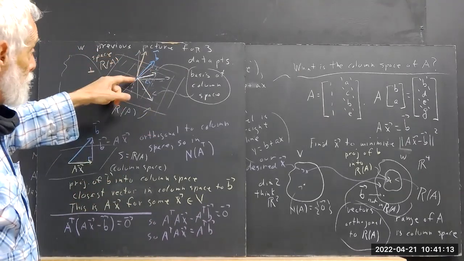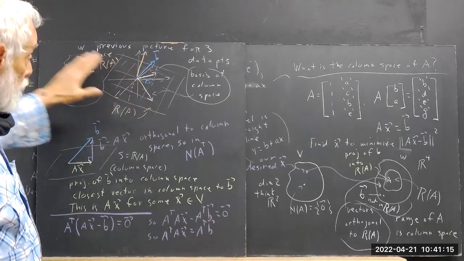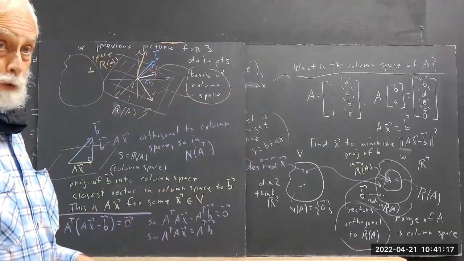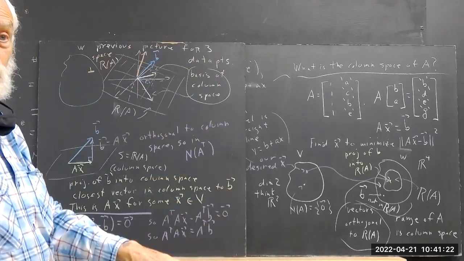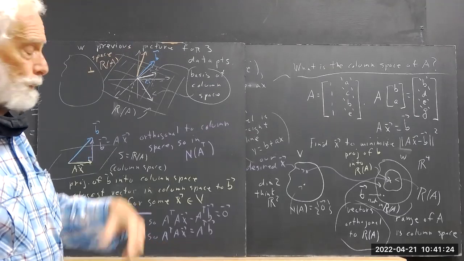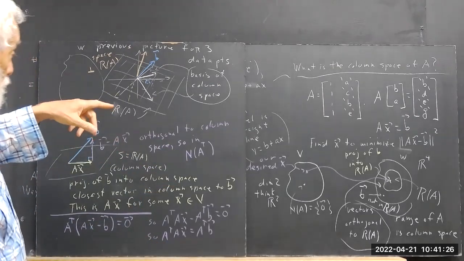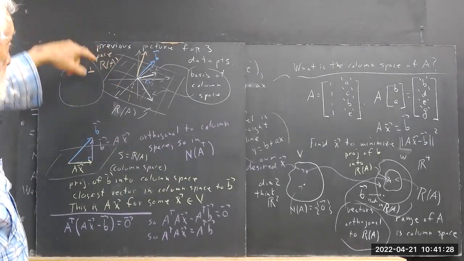So these column vectors are rooted at the origin, so you're seeing a plane through the origin, not an affine plane, which would be above or below the origin. We're not going to talk too much about affine planes and affine spaces.